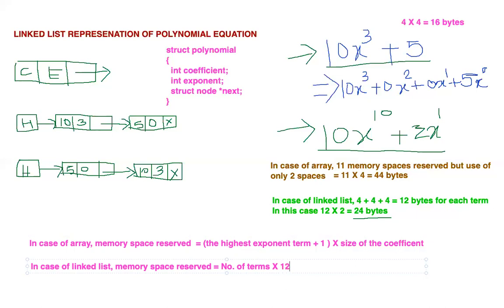Usually we may not write it as 12, but rather the size of the structure. So we can write it like this. Even if it is float, it will be 12 bytes only, because the size of the structure also comes to 12. So it depends on the structure. So here it is the highest exponent term plus 1, and here it is the number of terms.